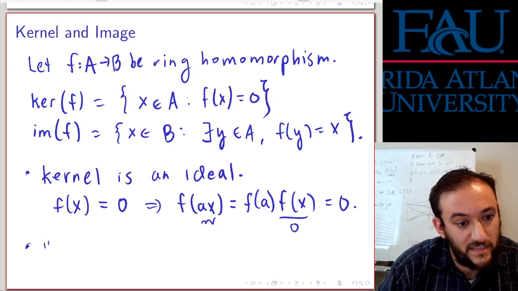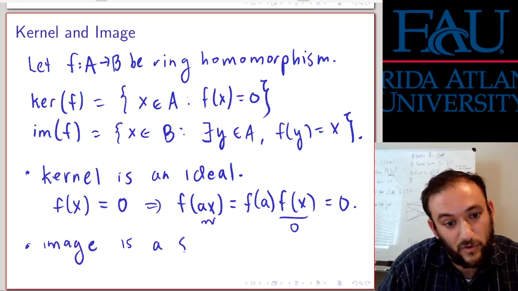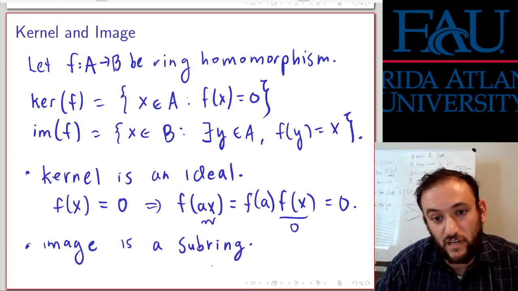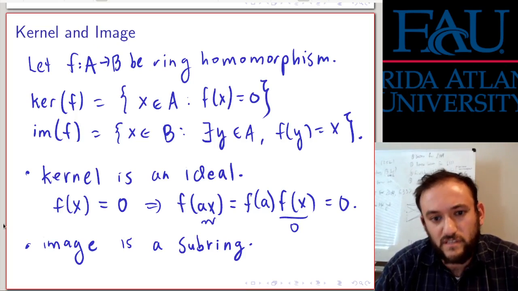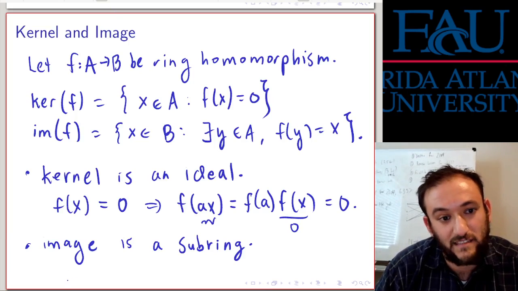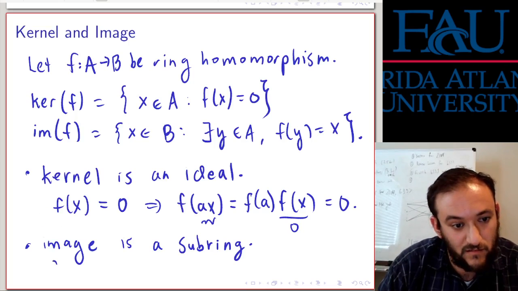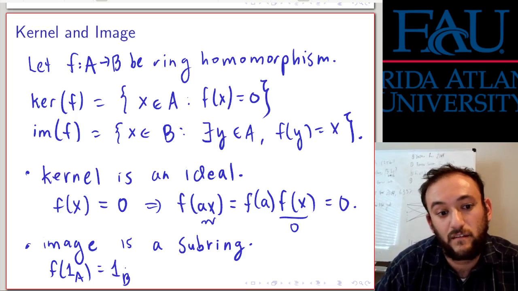The image is also a subring. A subring, so we just need to show that it's closed under multiplication and addition, and you can do that using the properties of homomorphisms. As for demonstrating that 1 is in the image, well, we have the rule that f of 1_A equals 1_B, so 1_B is certainly in the image.